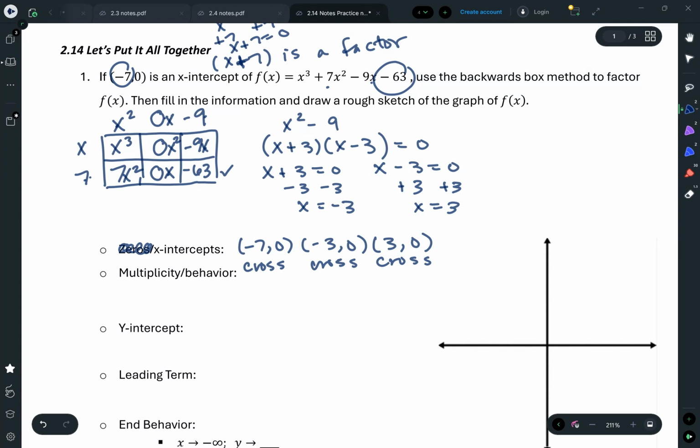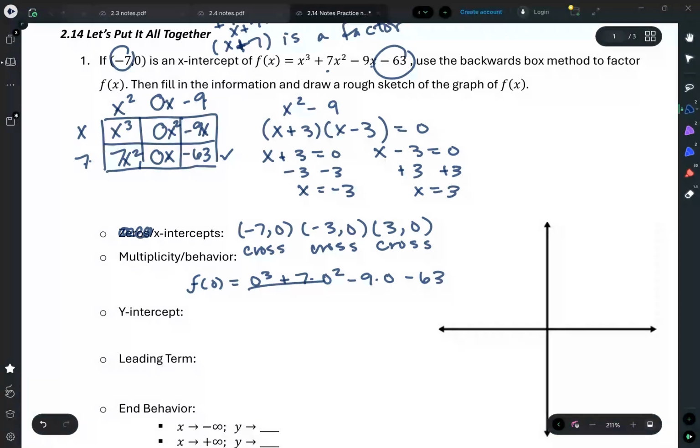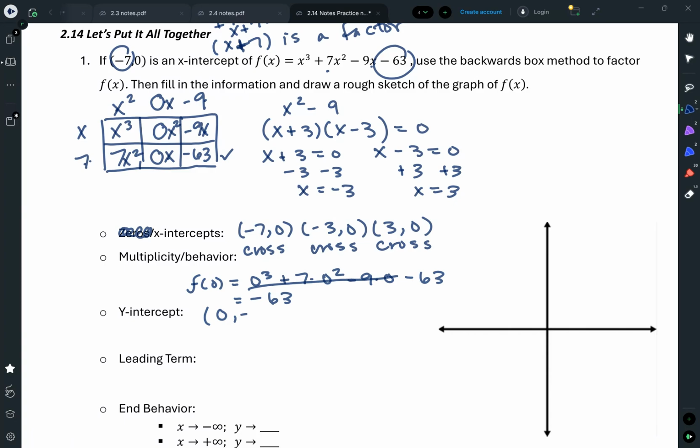My y-intercept, I could get, it's my constant term of the original. So if I put in f of 0, I have 0 cubed plus 7 times 0 squared minus 9 times 0 minus 63. All of the zeros out, we just end up with negative 63, which is my constant term in the original. So that's (0, -63).